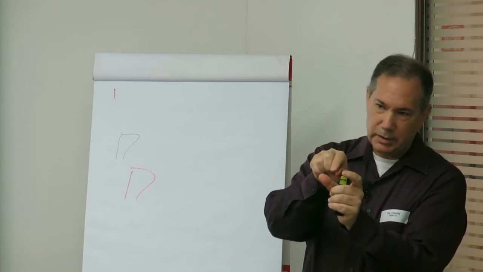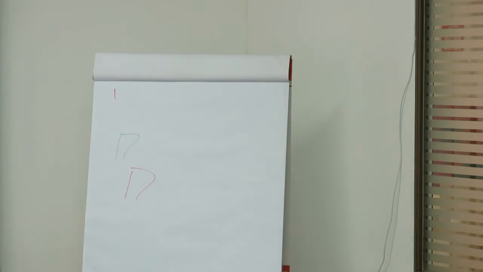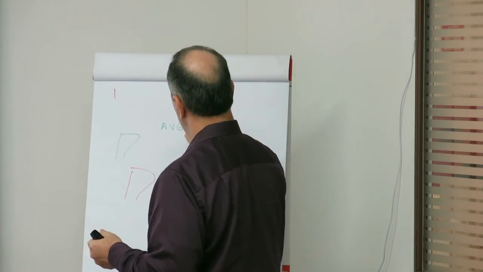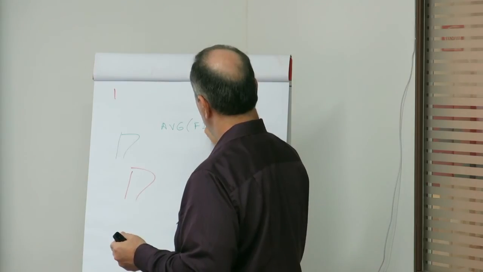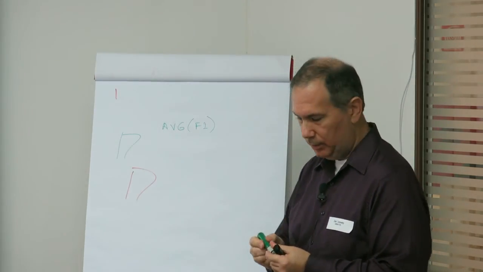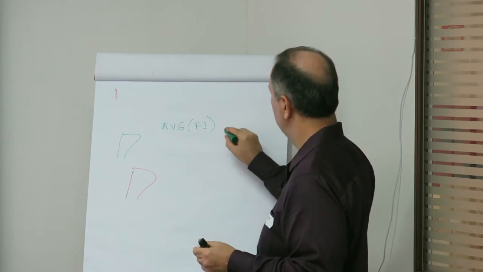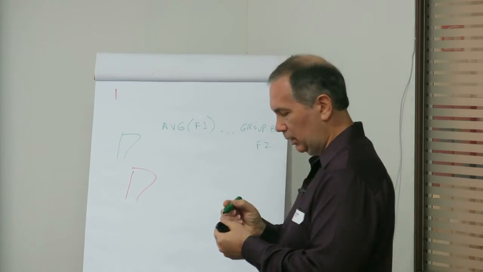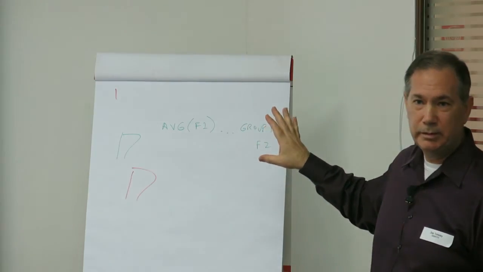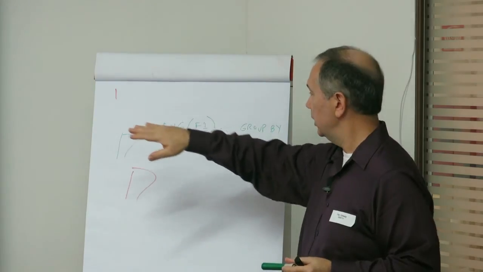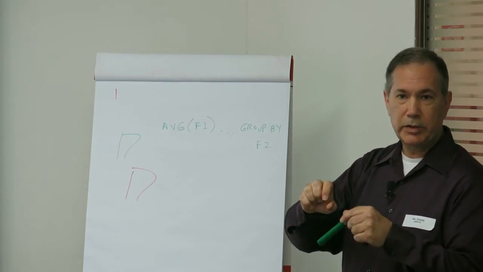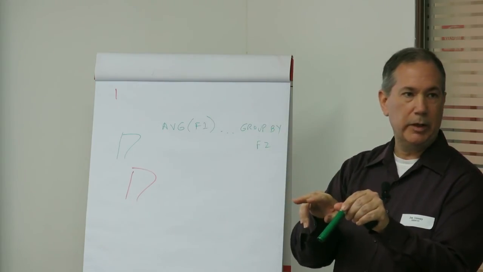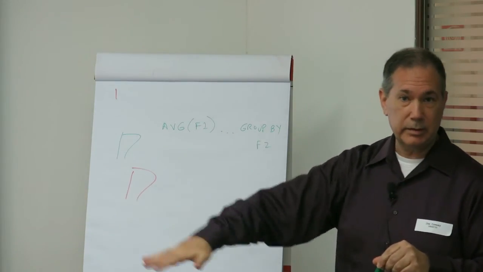So if you do average column F1, group by F2, then for each row in group F2, some state function gets called with the value of F1, but it also gets the result of the state function from the previous row passed in as another argument. It's invisible here, but it's underneath.